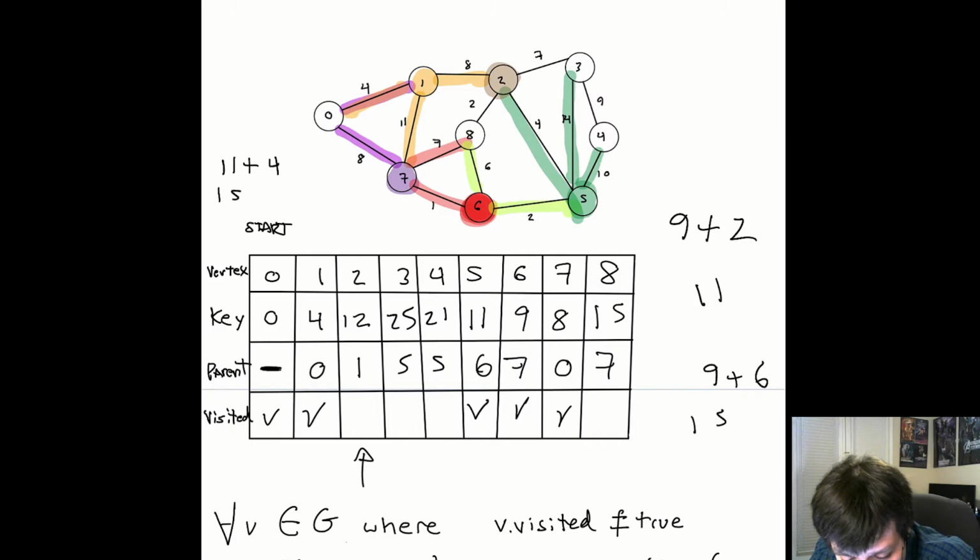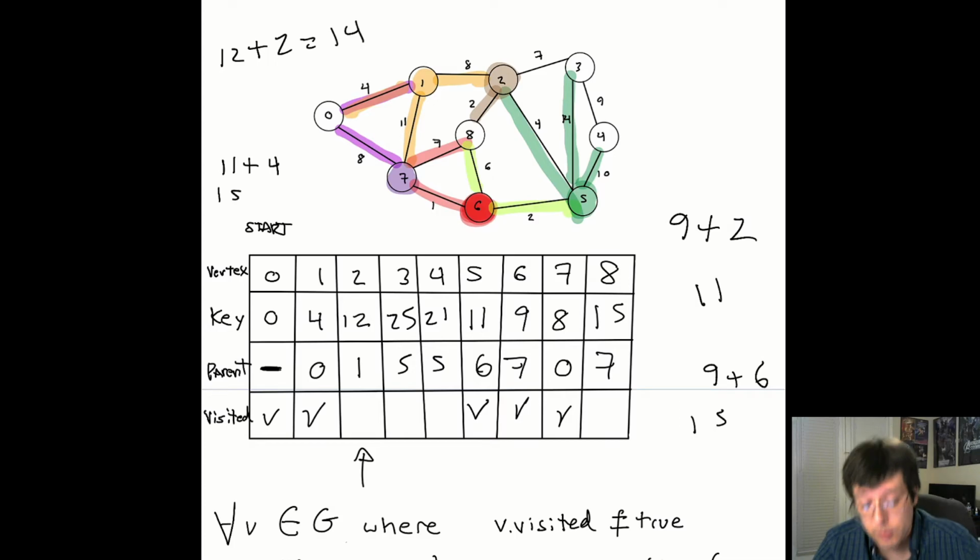So let's process those. Let's just go with 2 to 8 first. Going from 2 to 8 means that we have to take 12 plus the weight of the edge, which is 2. That's equal to, not obviously 24, but 14. Is 14 less than what we currently have in 8? Yes, it is, because 8 has a 15 in it. So we have found a new shorter path.